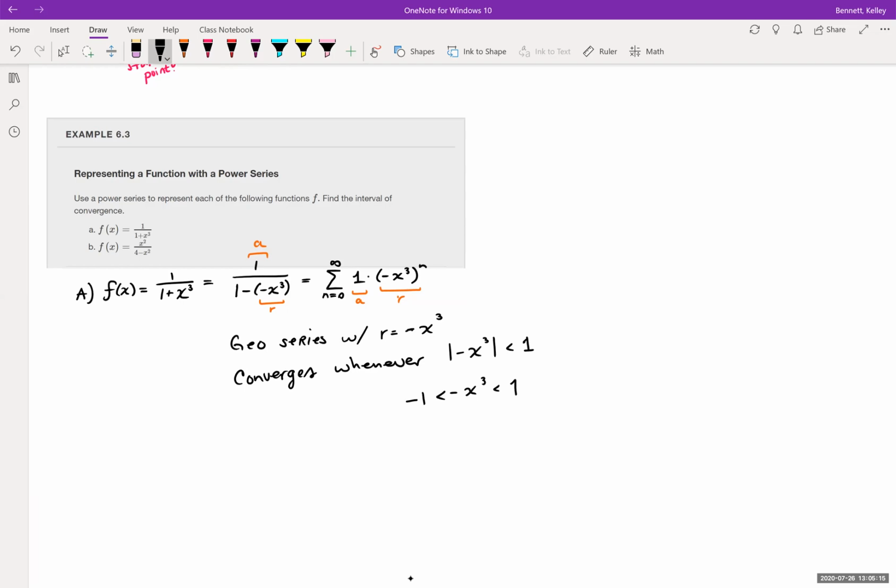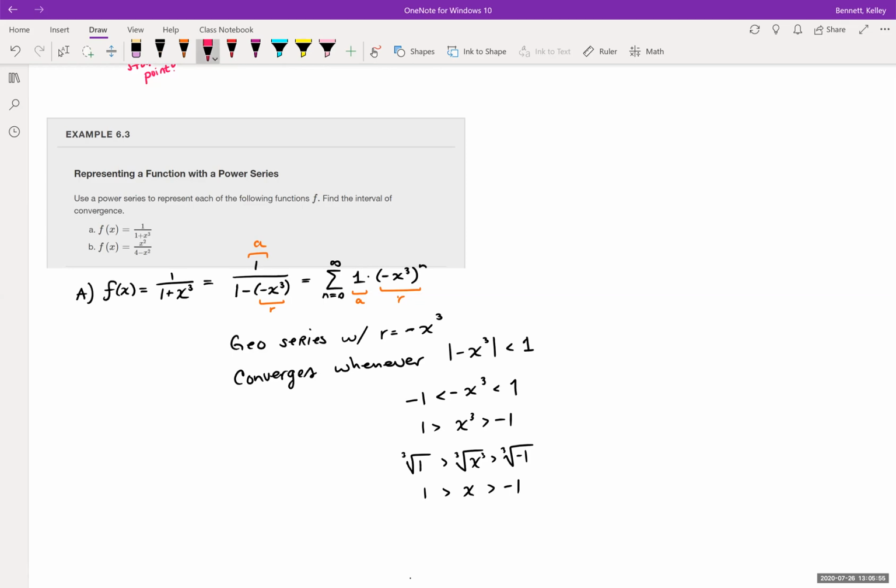So if I solve this, if I divide out by the negative, I'm just going to switch the signs and also switch the inequalities. Which is fine. Then I'm going to take the cube root of everything. And so I just get absolute value of x less than 1.